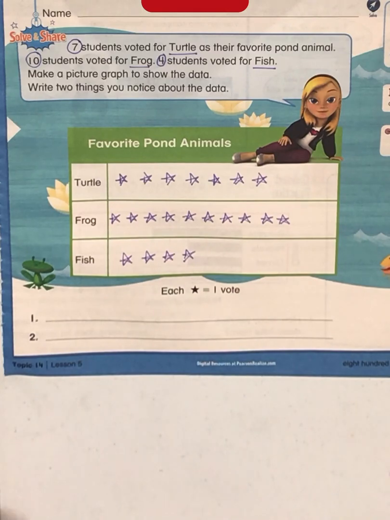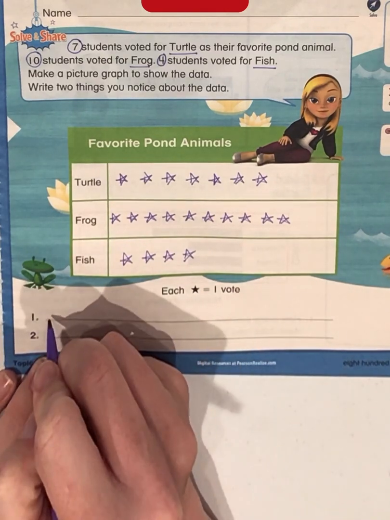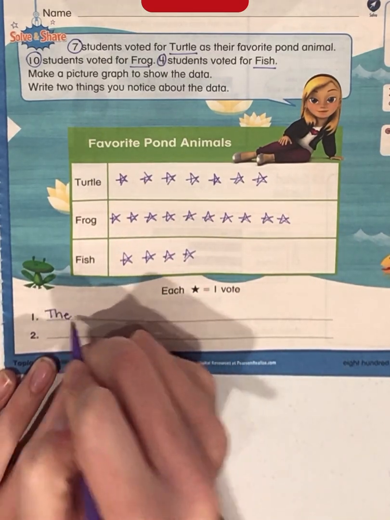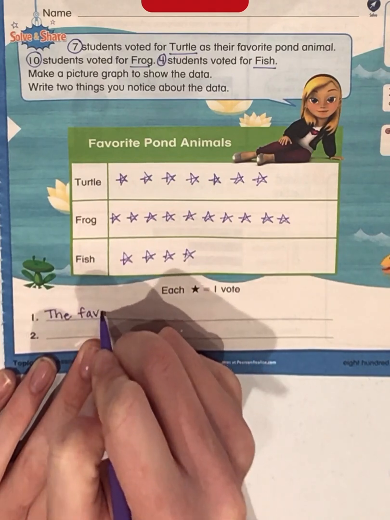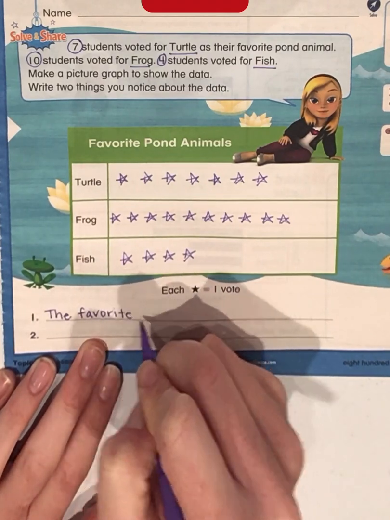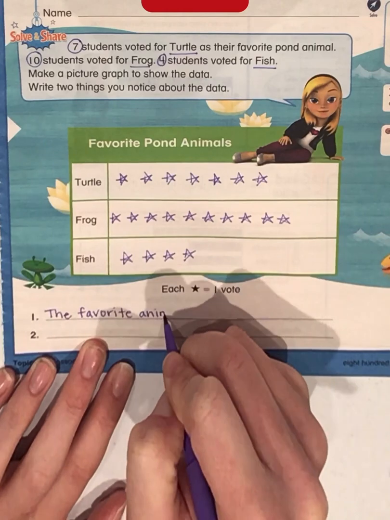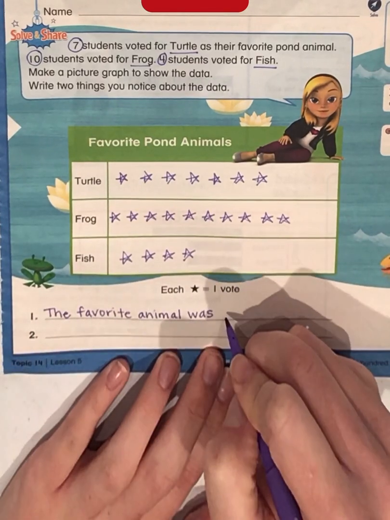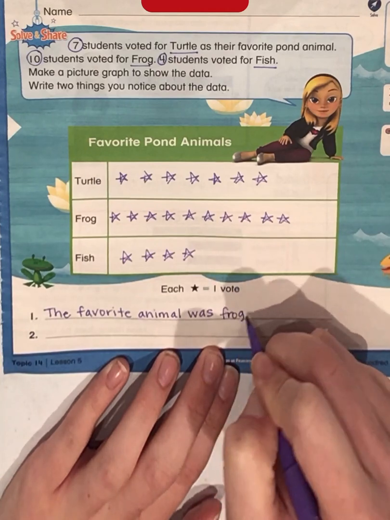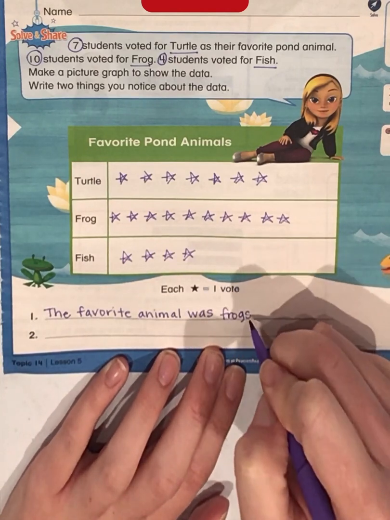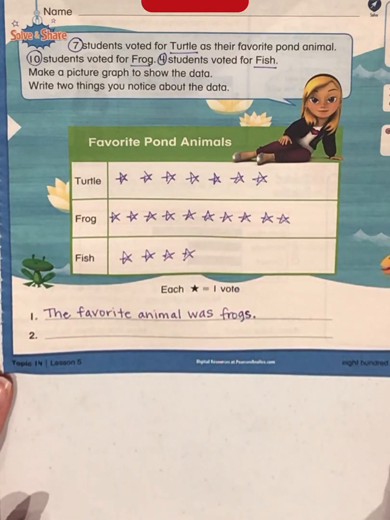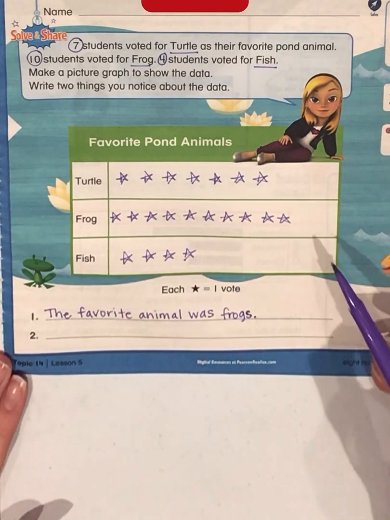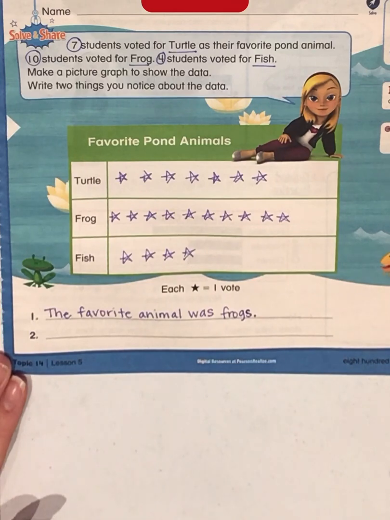So I'm going to say the favorite animal was frogs, and I know this because frogs had the most votes.